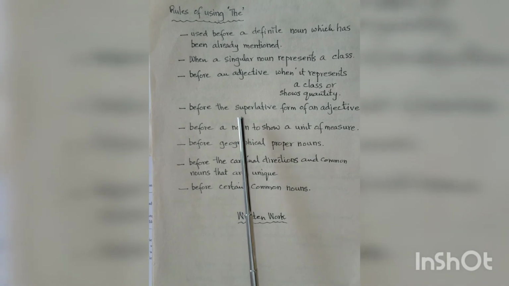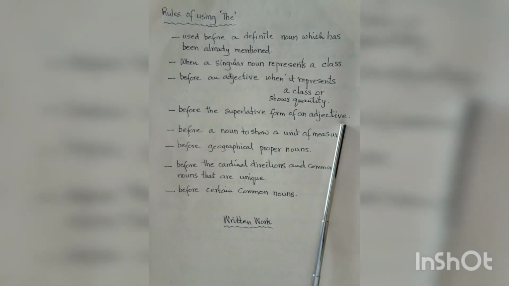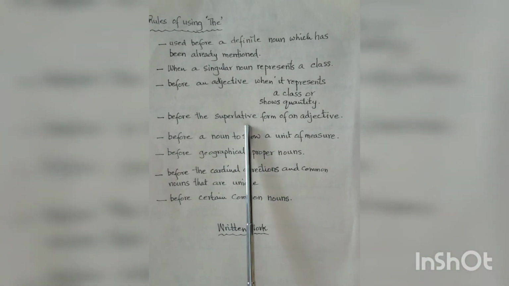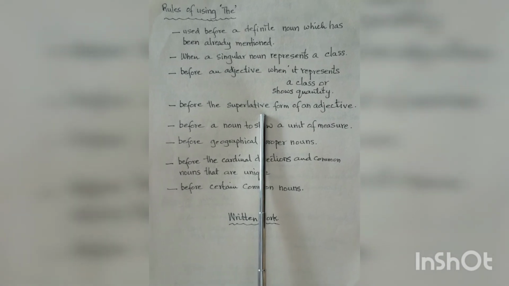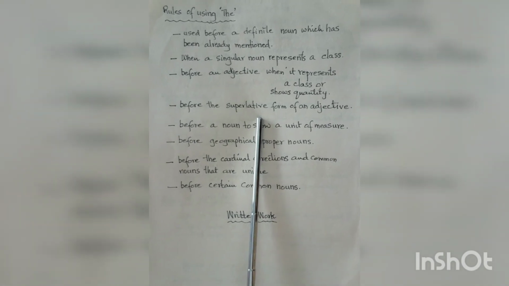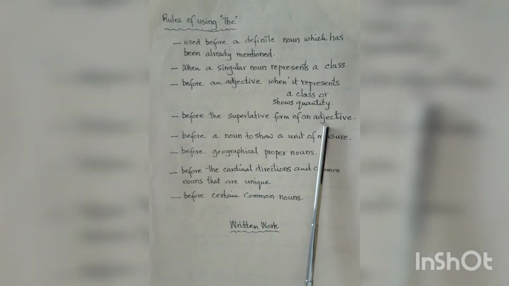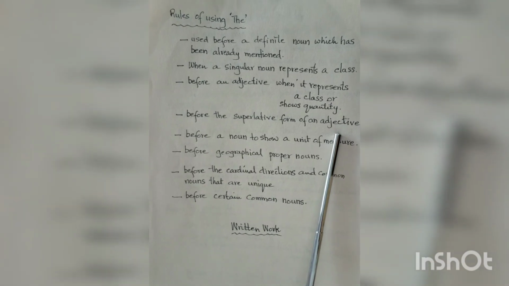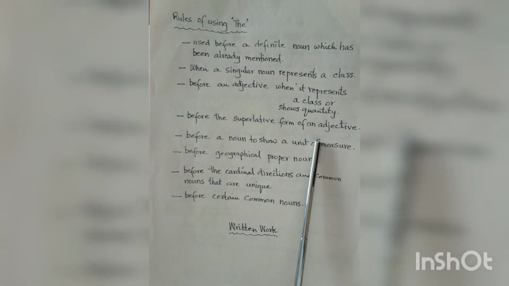We also use it before a superlative form of an adjective when we are referring to something of the highest degree, such as the Everest, the greatest of all, the Indus, which is the longest river in Pakistan.